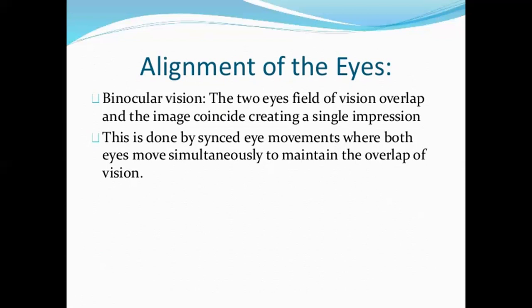When one individual is standing, we see only one individual in our two eyes. How is it possible? It is possible with the help of binocular vision. The two eye fields overlap and the images coincide, creating a single impression.